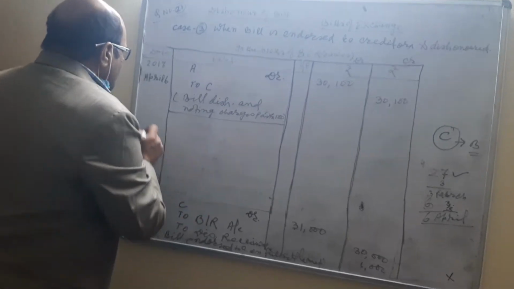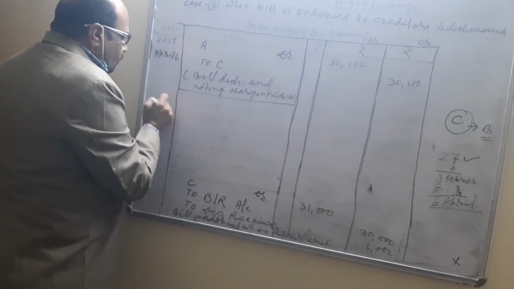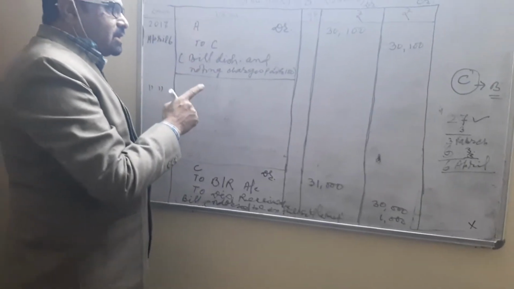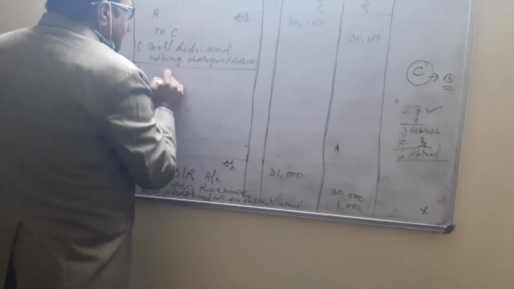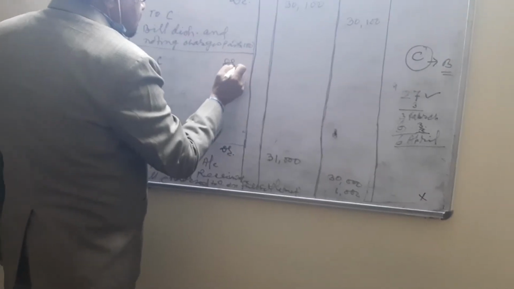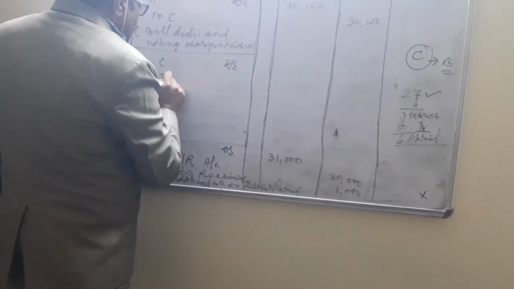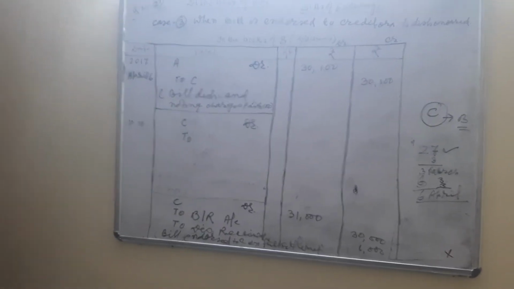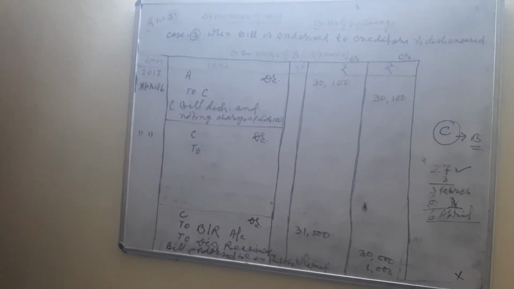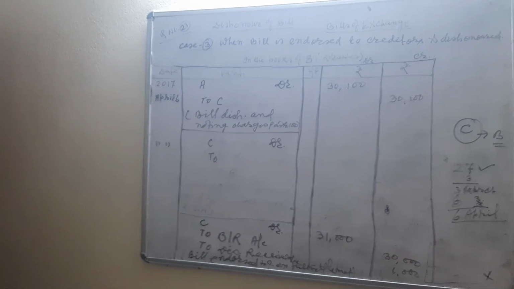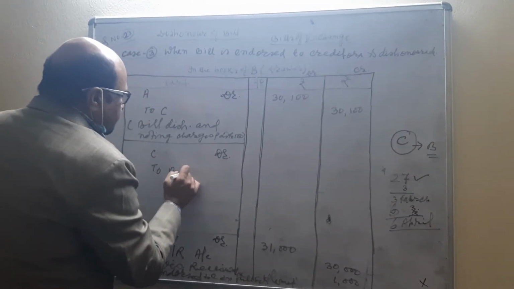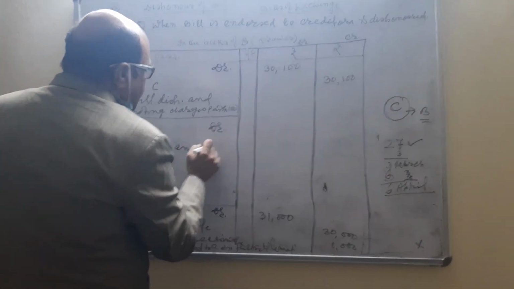And now on the same date, B has to pay to C. So you write C debit to, let us see in the question whether paid in cash or check. By check. So you write C to bank account.